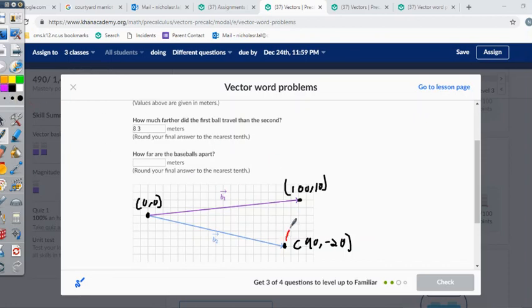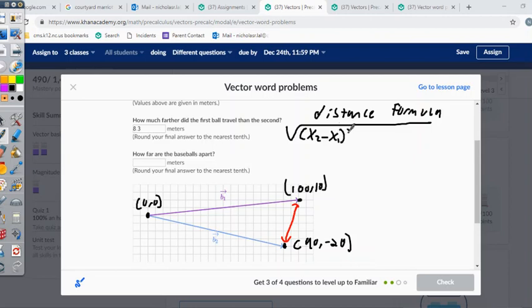What's the distance between 2 points? This is where we can use the distance formula, which is going to be the square root of x2 minus x1 squared plus y2 minus y1 squared.